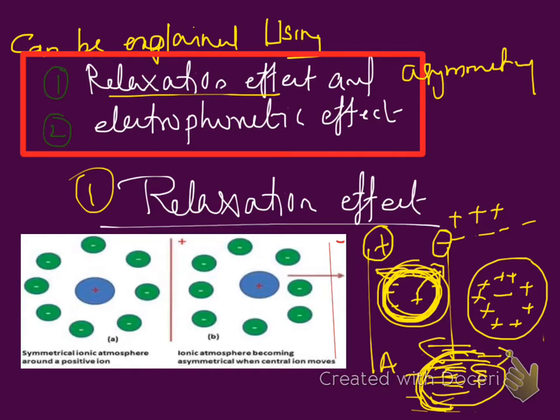After some time, the positive charge again regains its symmetric ionic atmosphere. So after getting into the asymmetric condition, for some time this positive ion has to wait to regain its symmetry. When symmetry is regained, it can move with high speed. This time lag between the asymmetric condition and the symmetric condition is called relaxation time.